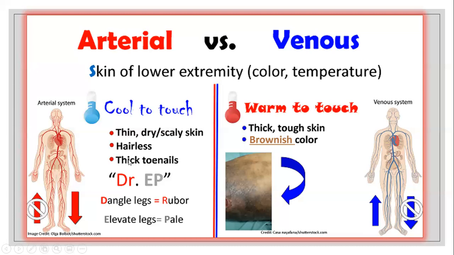hairless or thick toenails. So peripheral vascular disease, we also call PVD, refers to any disease or disorder of the circulatory system outside the brain and heart, right?